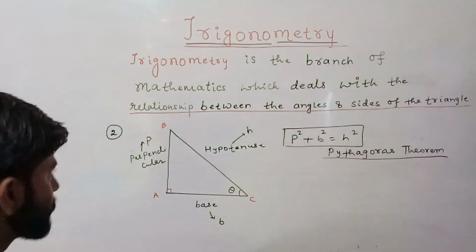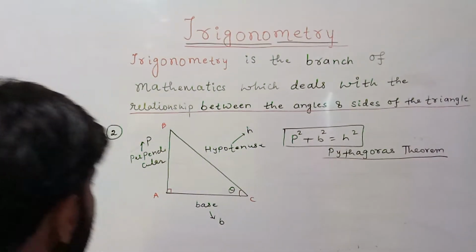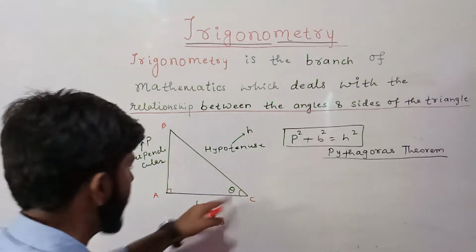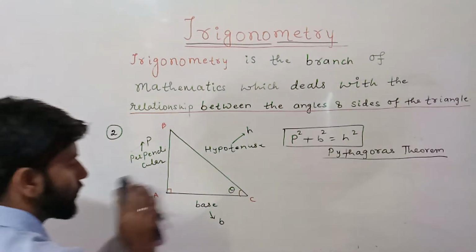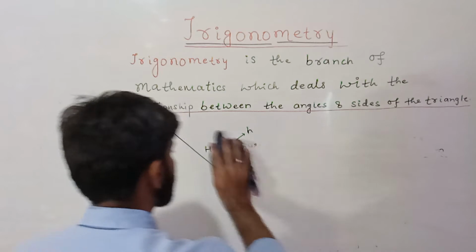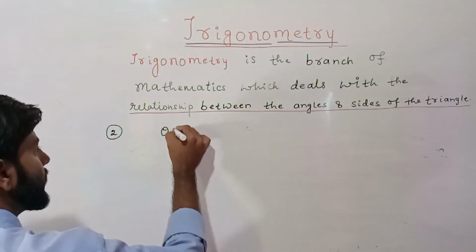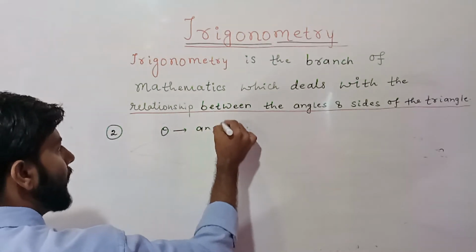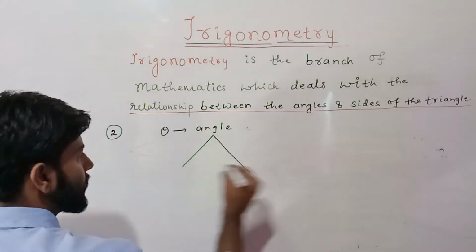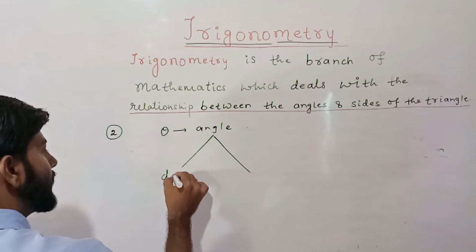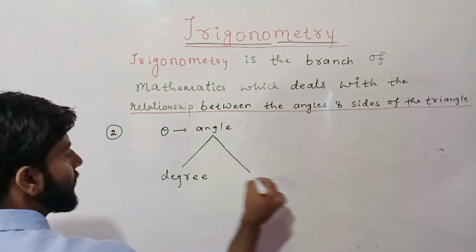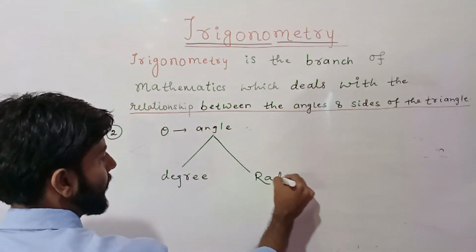Now the third point will be the angle. Theta means it is angle and it has two units. One is degree and another is radian.